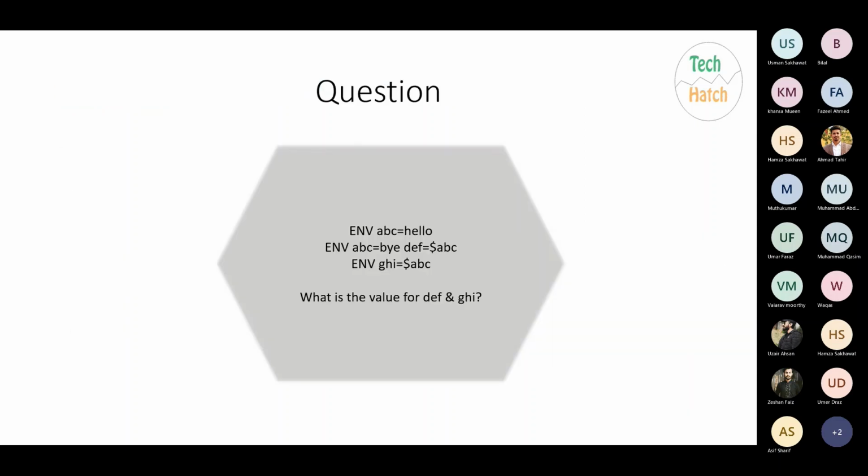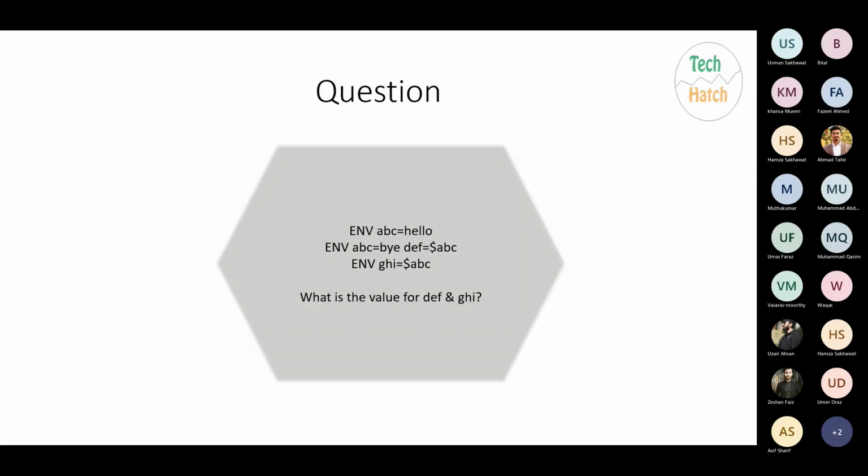Okay, the question. As I've told you earlier, if we have an environment variable and I need to update its value, how will things work, and how will that updated value be transferred to the next subsequent instructions?